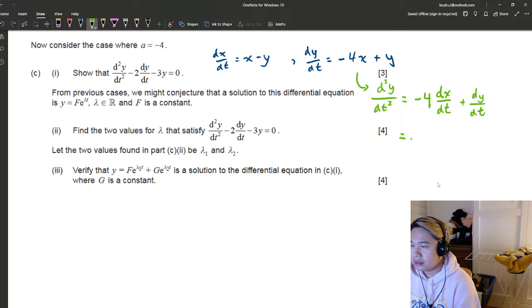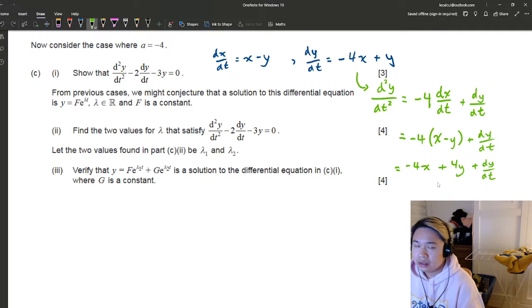So this is equal to negative 4 times x minus y plus dy dt. So I'll have negative 4x plus 4y plus dy dt. Okay, and then like I said, this needs to be in terms of dy dt and y, so there's no variables of x.